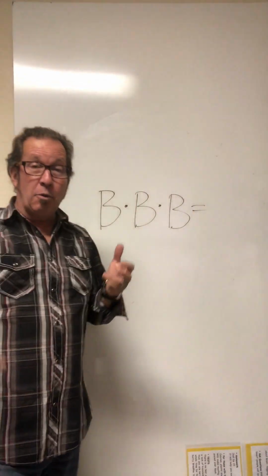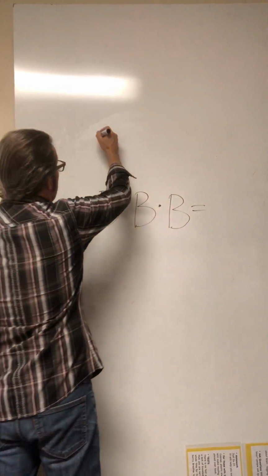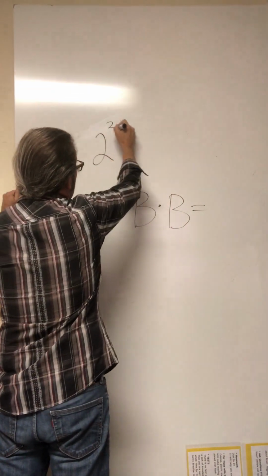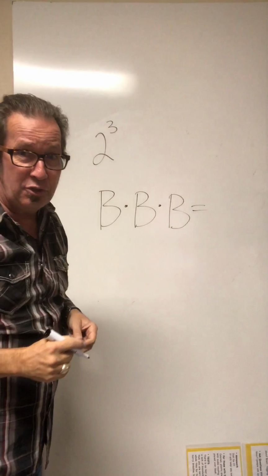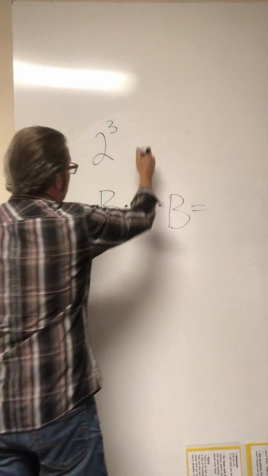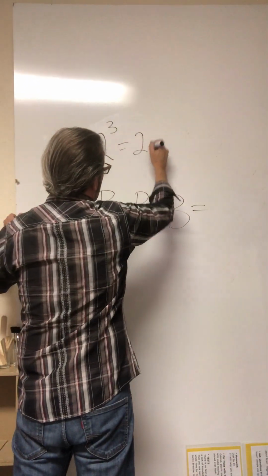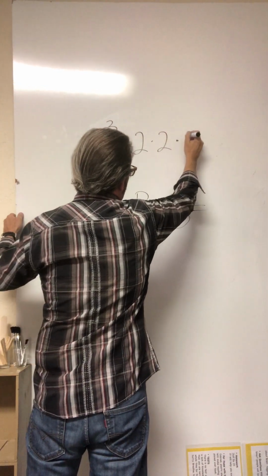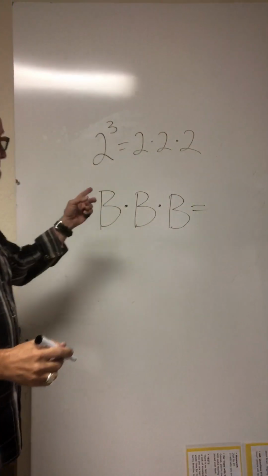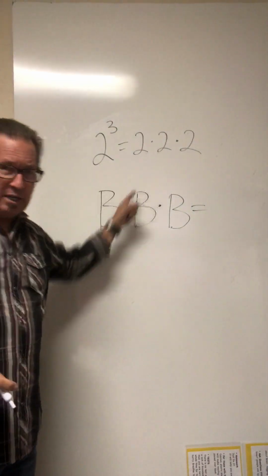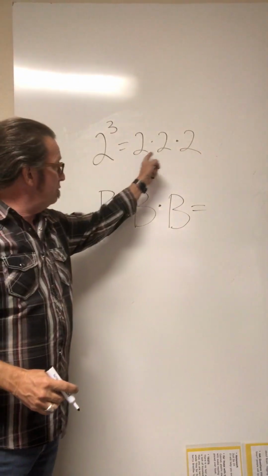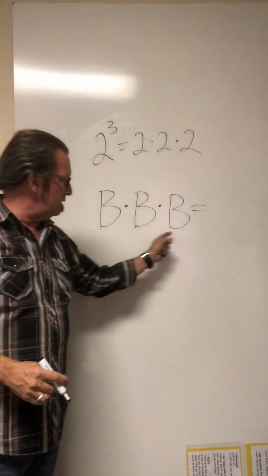So if we go back to exponents, if we remember, if we took 2 to the third power, also called 2 cubed, isn't that kind of fun? That really just means 2 times 2 times 2.